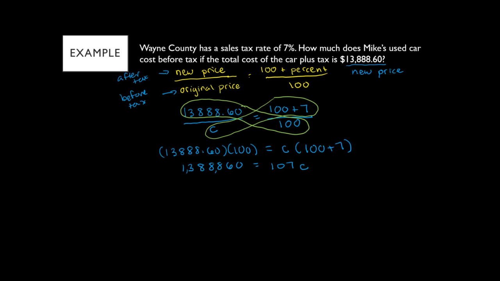So now you're going to divide both sides by 107 because we're solving for the cost of the car, and that 107 is multiplied, so we're going to divide both sides by 107. So you want to make sure you don't miss any numbers when you put it in your calculator.